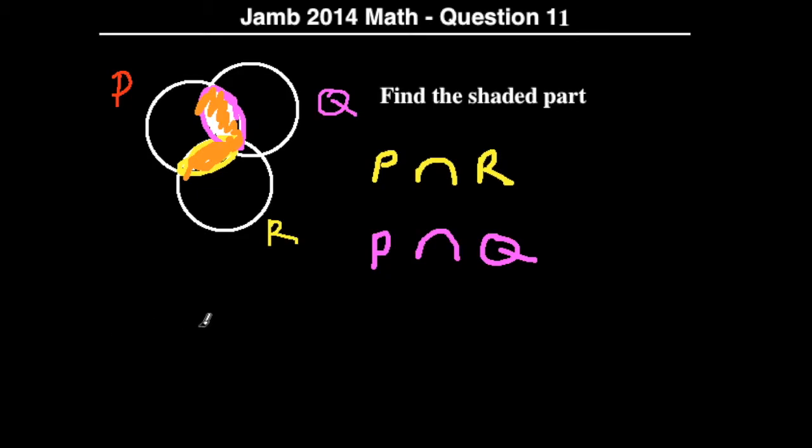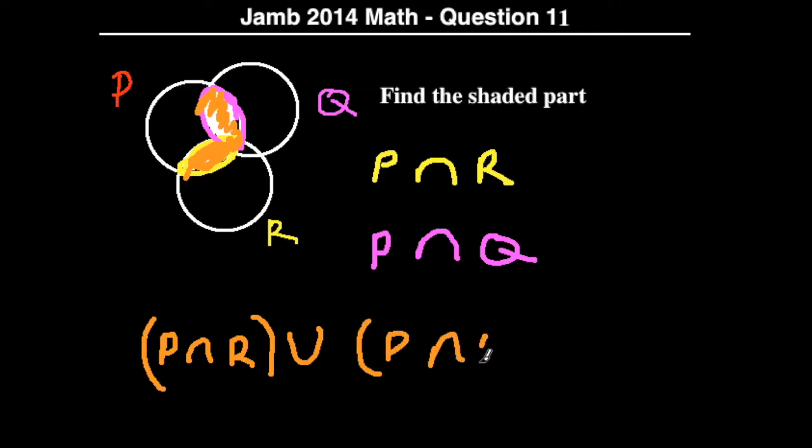And so the answer to this question is P intersection R being one part, union P intersection Q being the other part. And that is our answer.